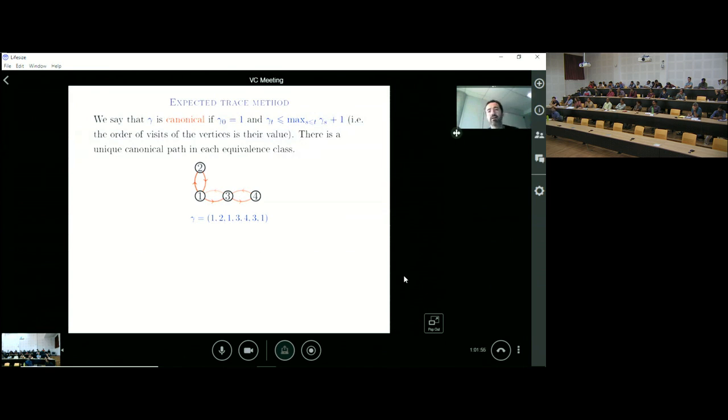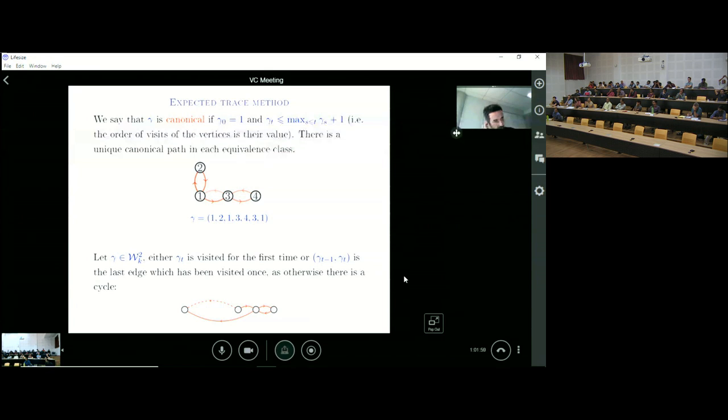Another property, as you can see in the example, is that at a given time t, either gamma t is visited for the first time, so it's a new vertex, or the edge on which you are, gamma t minus 1 to gamma t, is the last edge which has been visited only once. Otherwise there would be a cycle.